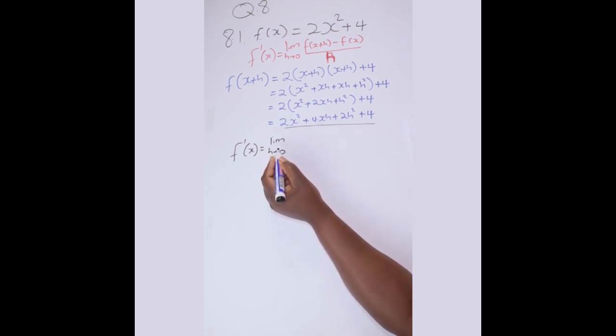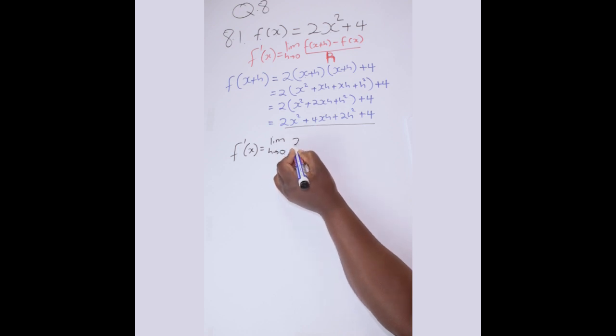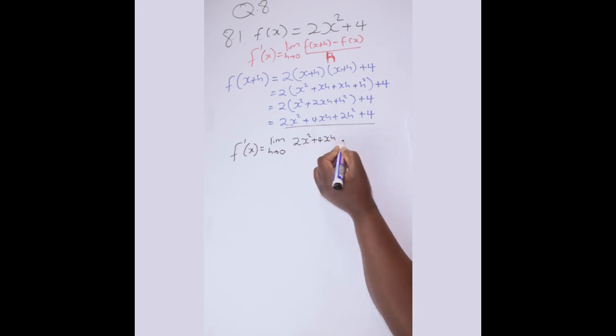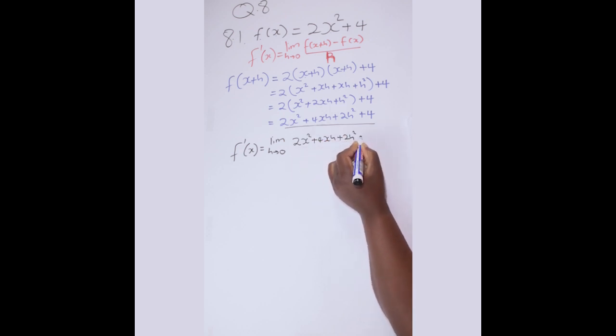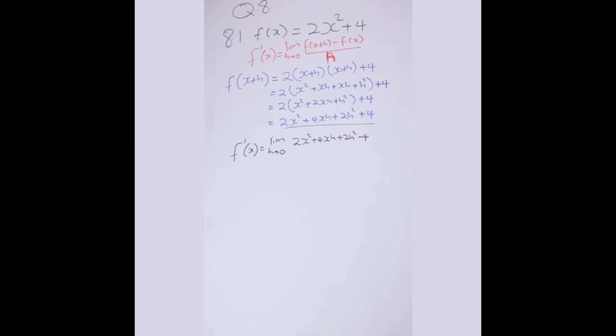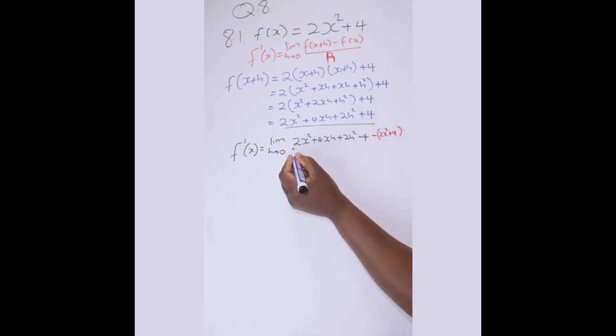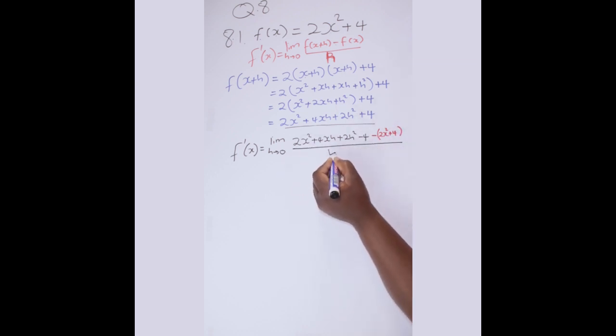Remember we said f of x plus h is now 2x squared plus 4xh plus 2h squared plus 4. But there's a minus in between in the formula, so you must put that minus. And then in brackets, you put the f of x, which is 2x squared plus 4. And then you divide the whole thing by h.